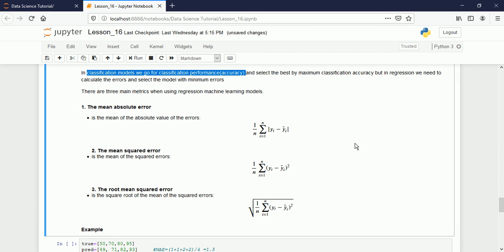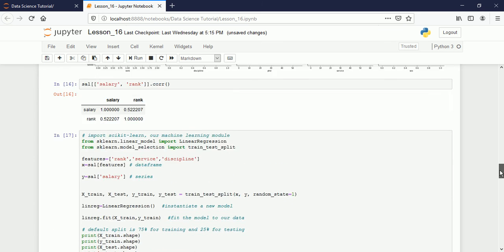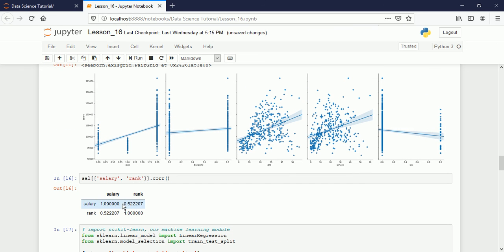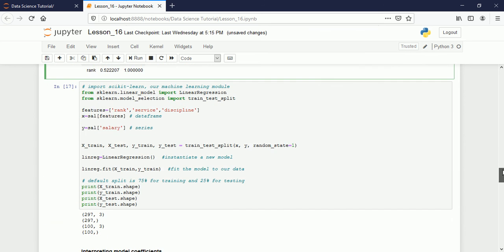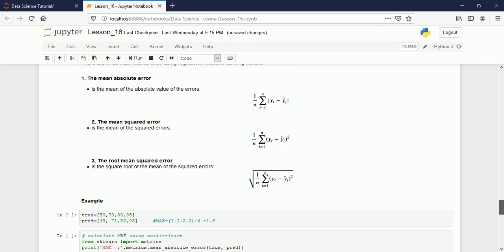That is called feature selection, which helps us select the features based on correlation, as we did here, friends. We saw this is a good feature for the salary, and service was a good feature. Sex was not a good feature because it was showing a very weak relationship.